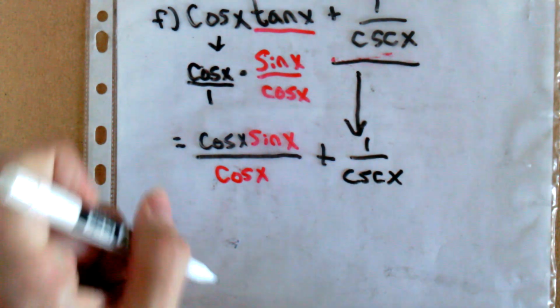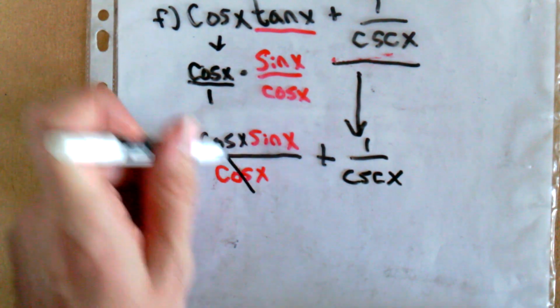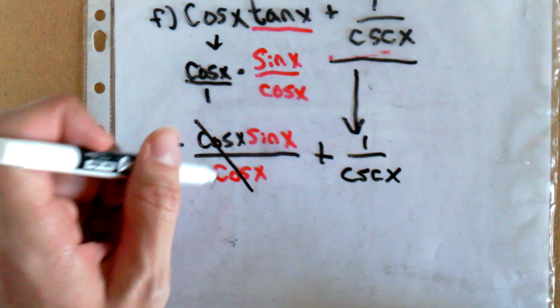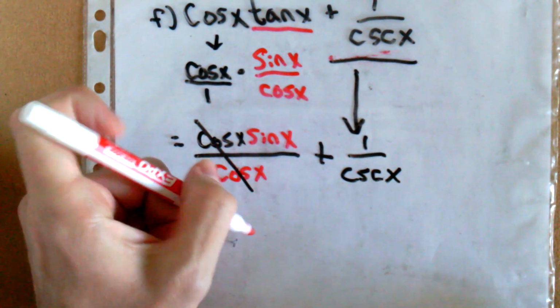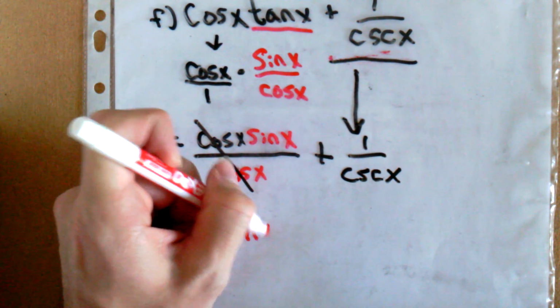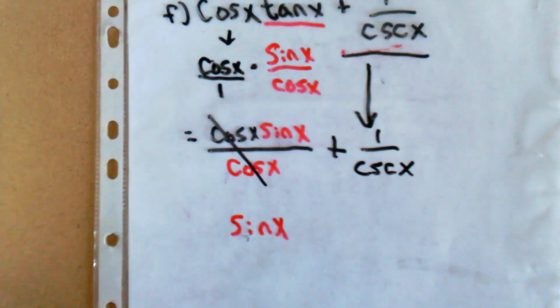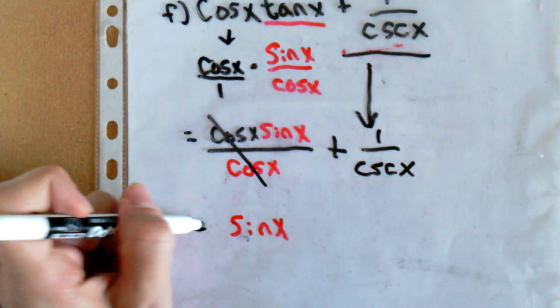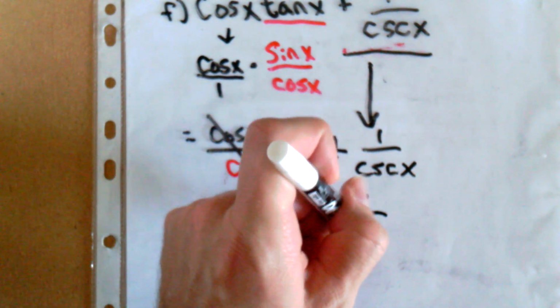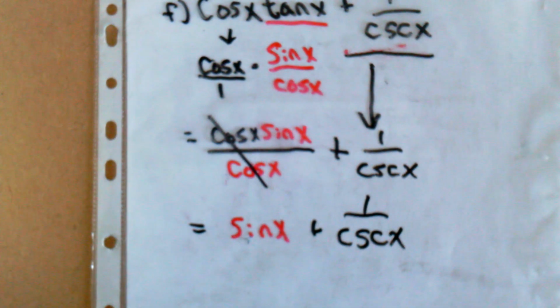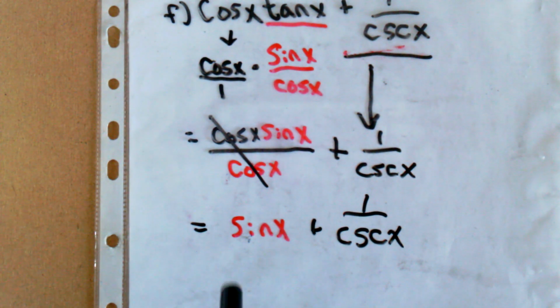So that cancels out, because cosine divided by cosine is 1, since any number divided by itself is 1. So on this fraction, we're just left with sine. So we have sine plus 1 over cosecant. Just bringing that down. Okay. So this fraction is pretty simplified now, just a sine.